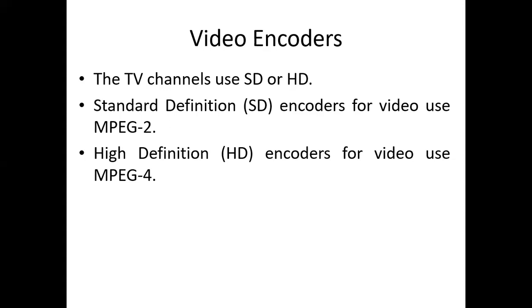For SD, the bit rate can be roughly 4 to 10 Mbps, but for HD, it can go up to 15 Mbps. That depends on how you capture. There are other things involved in picture capturing, different techniques, so we are not discussing this part.